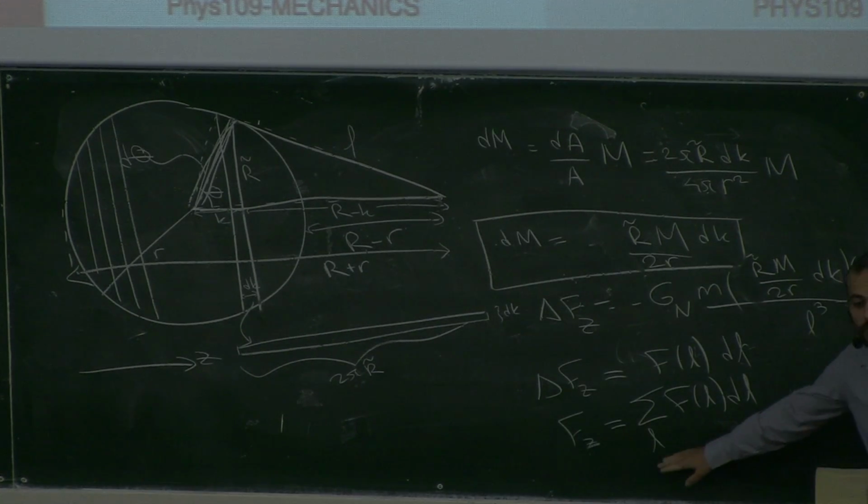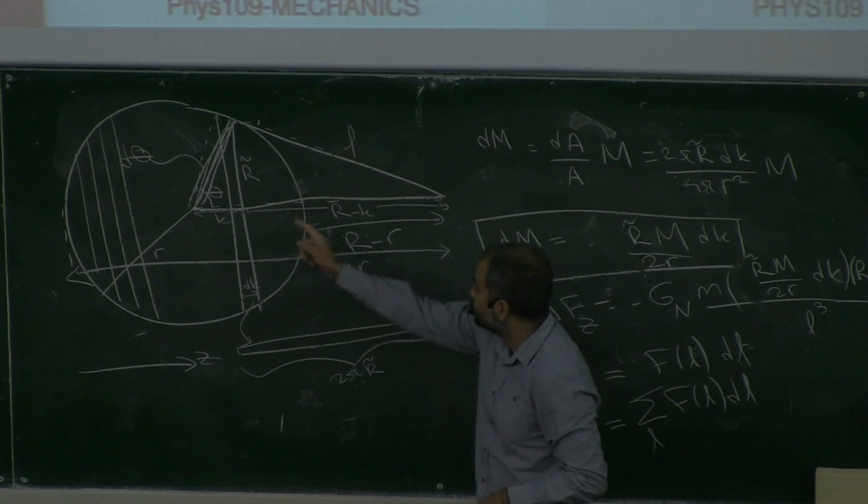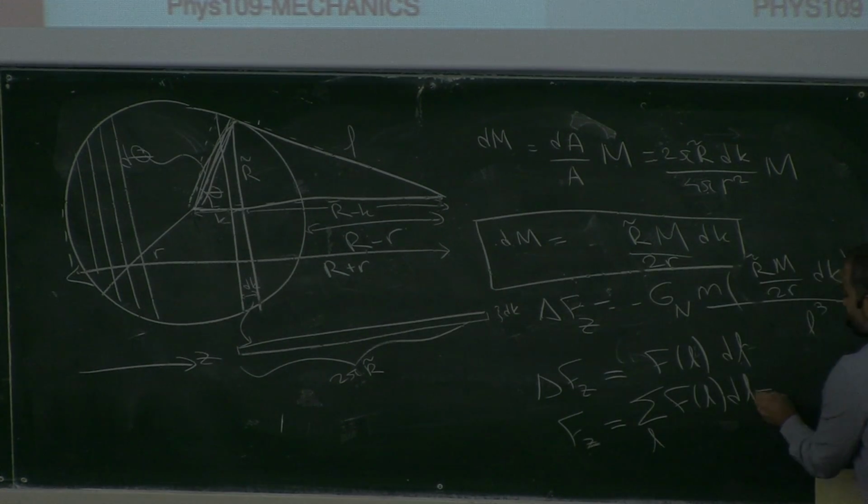When I am summing over all these values of L, I have to sum between these two limits. In the limit that the thickness of my rings is infinitesimally small, this just becomes an integral of this function, whatever it is, with L going from capital R minus small r to capital R plus small r.